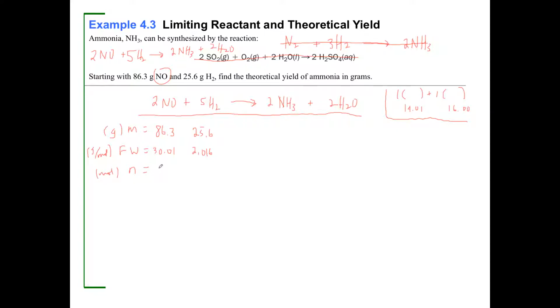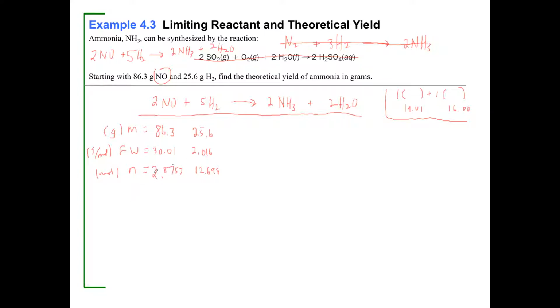I'm going to try to keep my mouth shut while I'm doing this. 86.3 divided by 30.01 is equal to 2.8757. Put a little extra digit in there for now. And 25.6 divided by 2.016 is equal to 12.698.